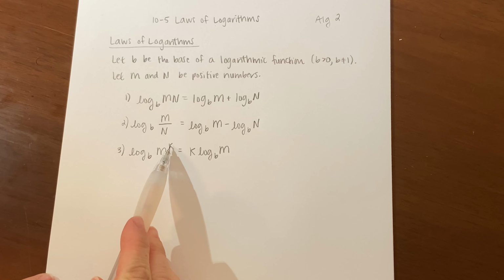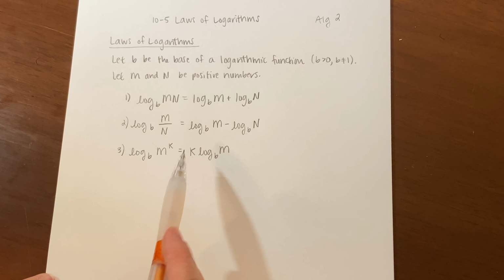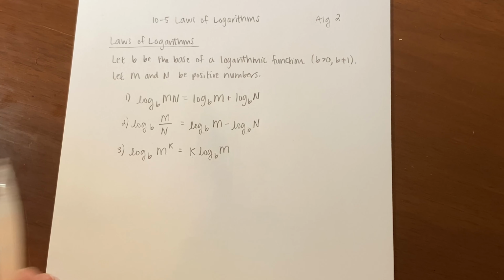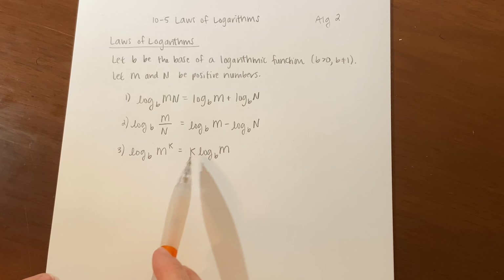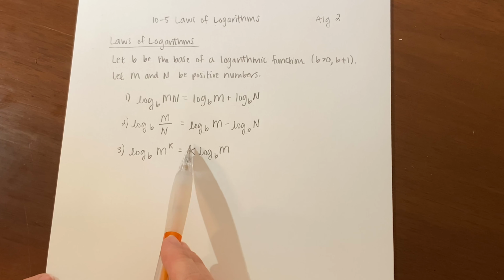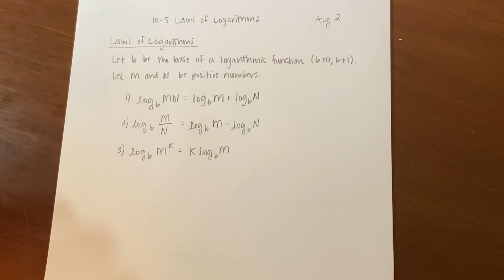So this exponent can be brought out to the front. That's expanding it. If we want to condense it, we would take it up and make it a power on the m. So exponents can move around. They can move from the exponent position to the front of the log, or from the front of the log to the exponent position. All right, so let's look at how this helps us solve some problems.